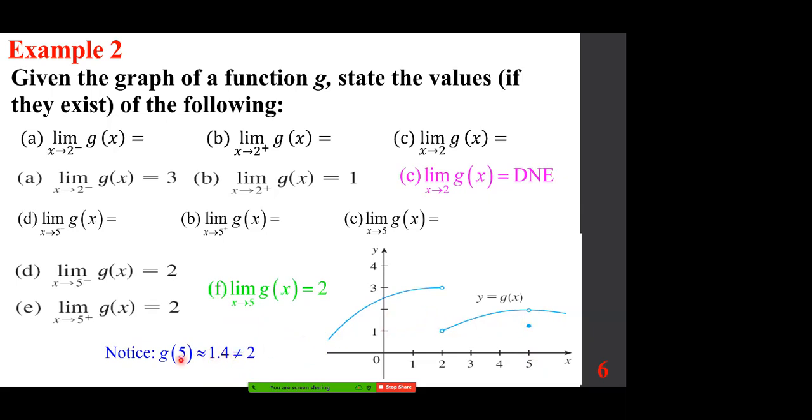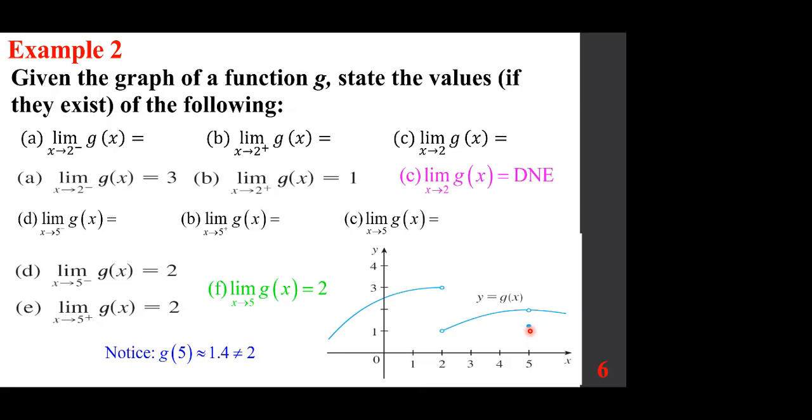I just want to point out that g of 5 is the y coordinate of this solid point. Whatever you read, that's fine. The point being, it is not equal to 2, which means what? The limit exists, yes, because the limit from the left and right are the same. But is the function continuous? Later on, when we look at the definition of continuity, the answer is no. The function is not continuous.